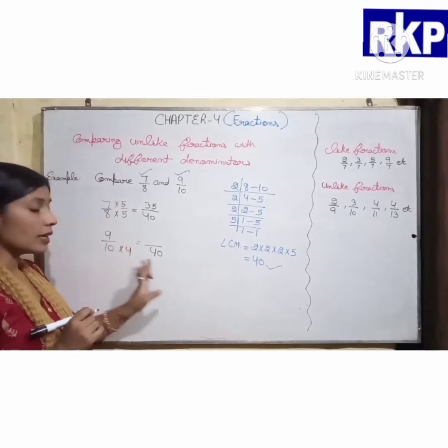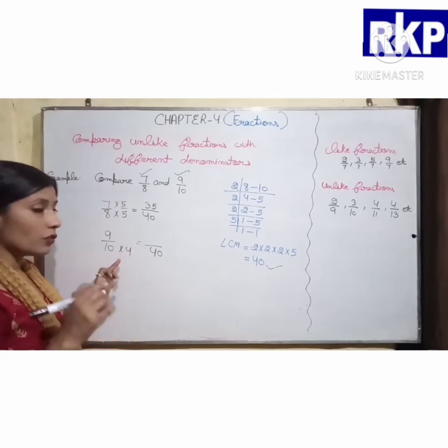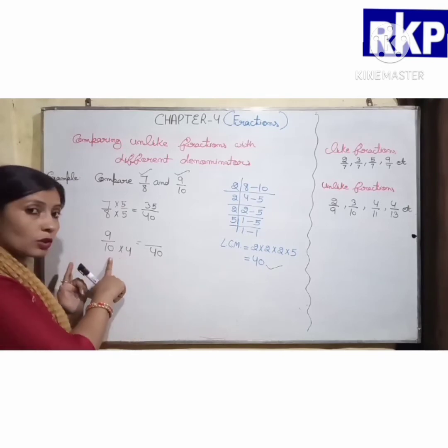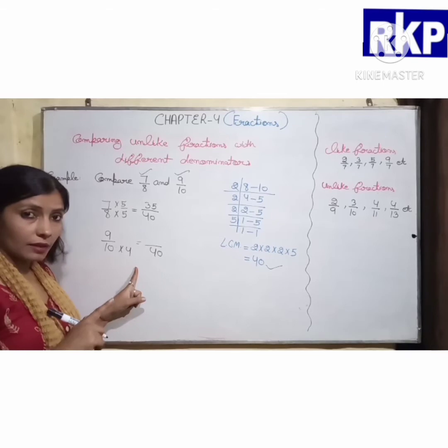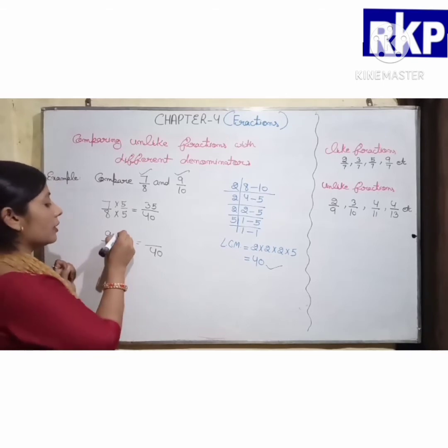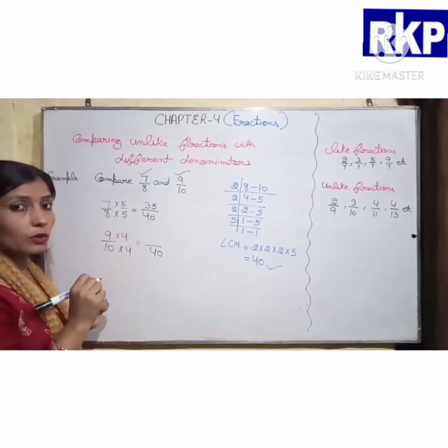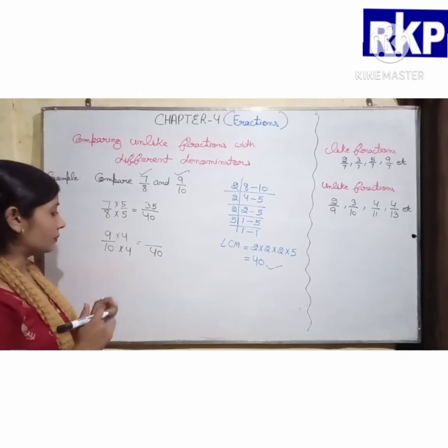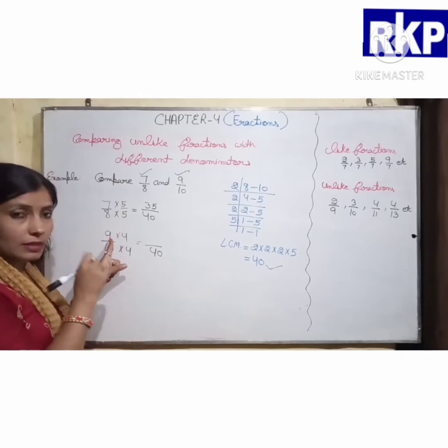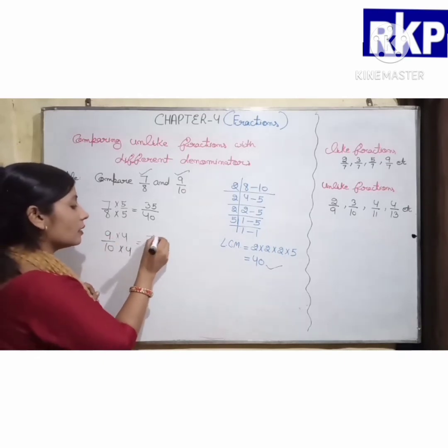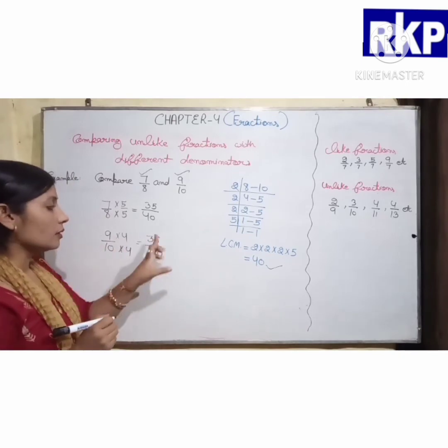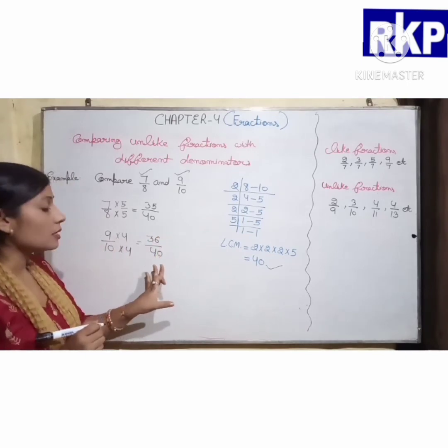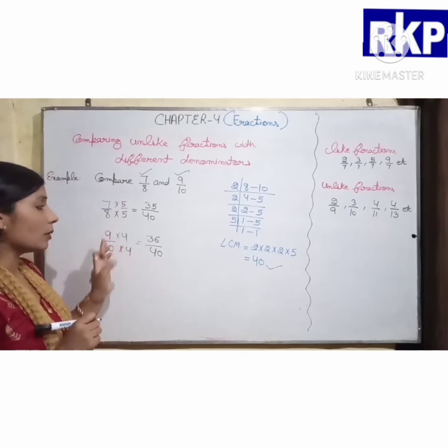Then we get 40. So if we multiply this denominator with 4, then we need to multiply the numerator also with 4 to get an equivalent fraction. So when we multiply 9 with 4, we get 36. So 36 by 40 is an equivalent fraction of 9 by 10.